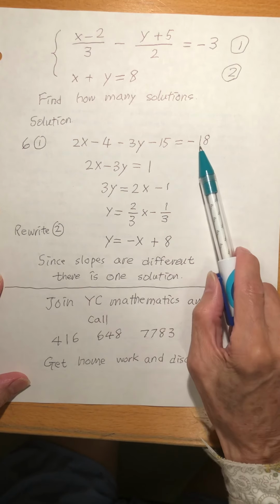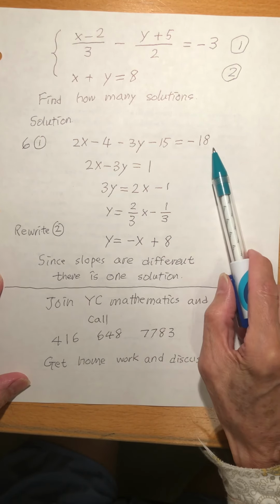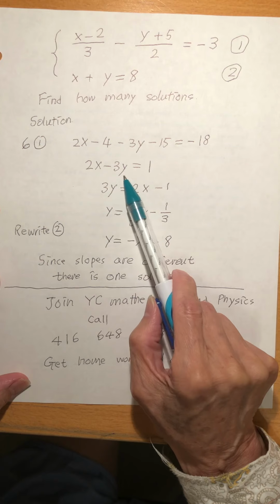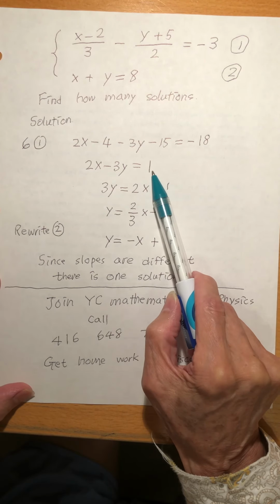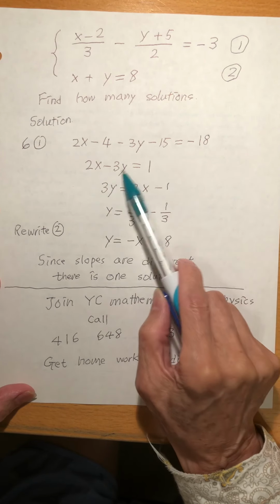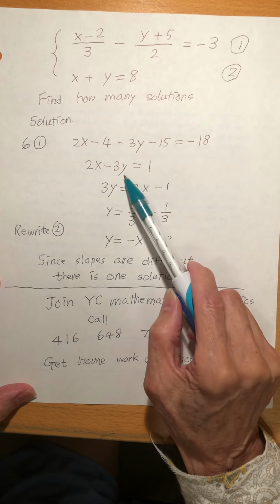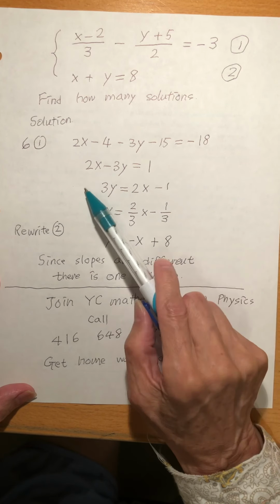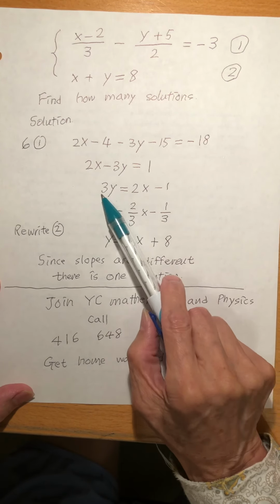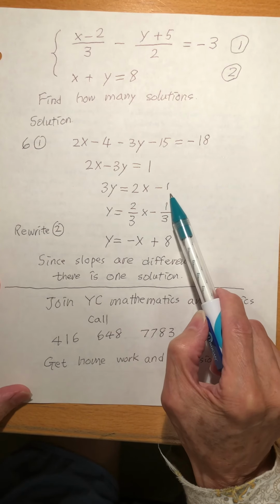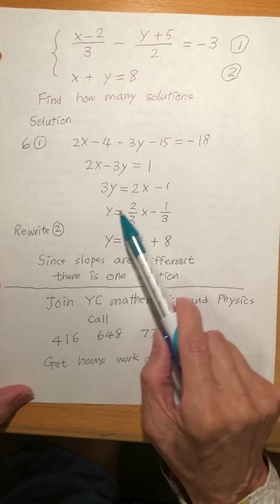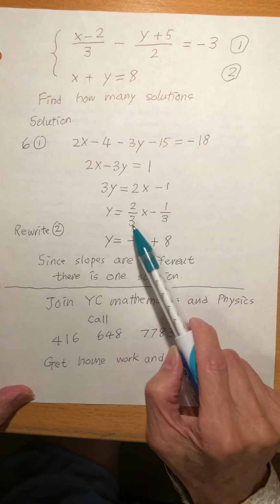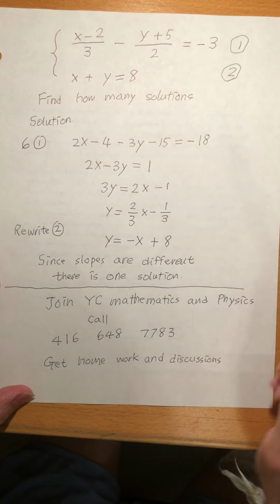I rearrange it, I simplify it, and I get 2x minus 3y equals 1. And I rearrange it into the form y equals mx plus b. So 3y equals 2x minus 1, and y is equal to 2 over 3 x minus 1 over 3.